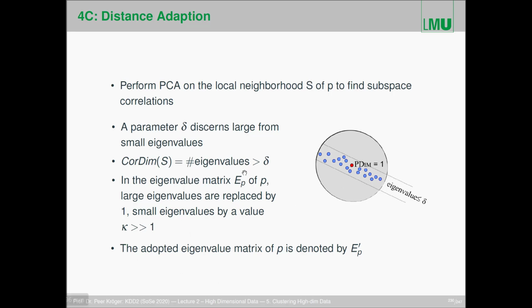And so we replace the corresponding eigenvalues as told before, and the adapted eigenvalue matrix is now denoted as E prime of P. So each point gets its own E prime, because for each point we compute the neighborhood in the full dimensional space, do a PCA, and then replace the eigenvalues according to this rule, depending on delta.